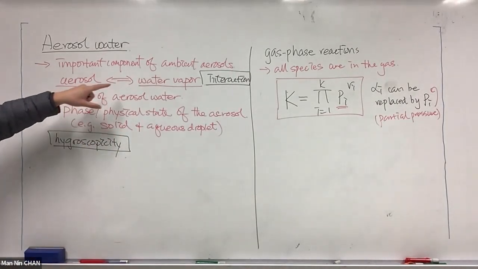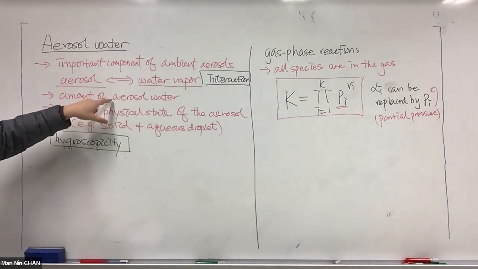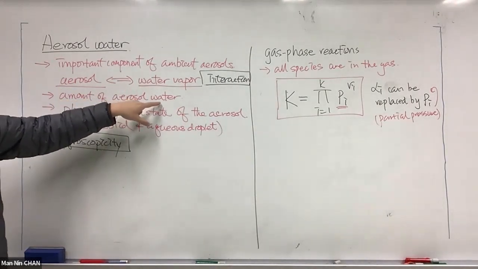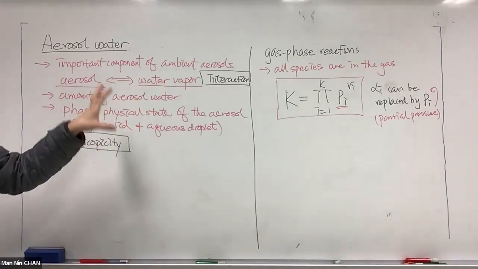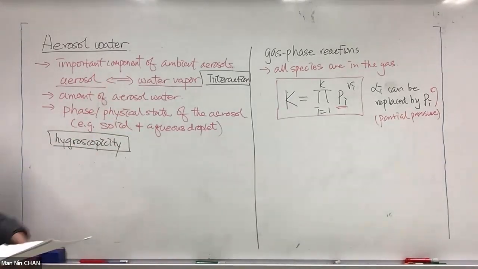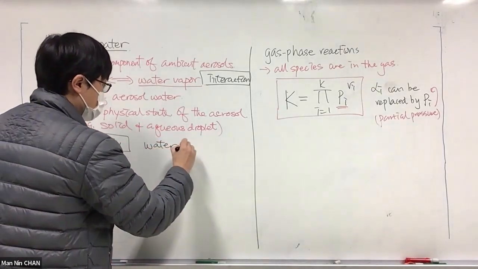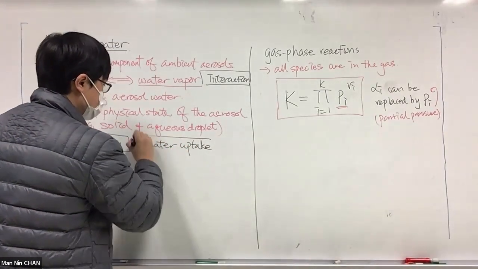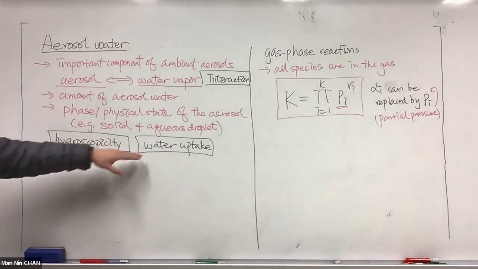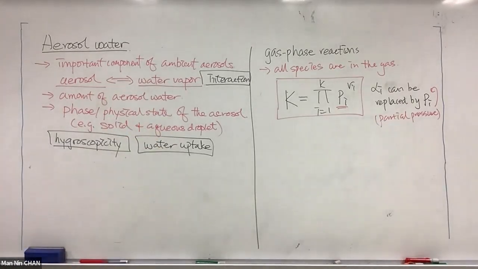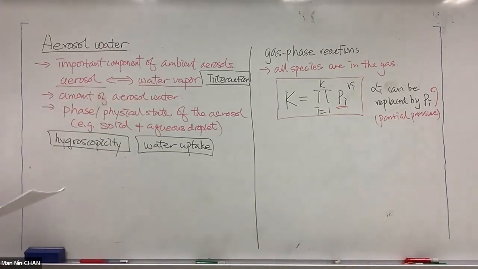Basically, we are talking about how the interactions between the water vapor and aerosol affect the amount of water, or the aerosol water, or the physical state of the aerosol. In general, we call this hygroscopicity. Sometimes people also use another term, water uptake. In the literature, if you study hygroscopicity, someone may also use water uptake to describe the interaction between the water vapor and the aerosol.